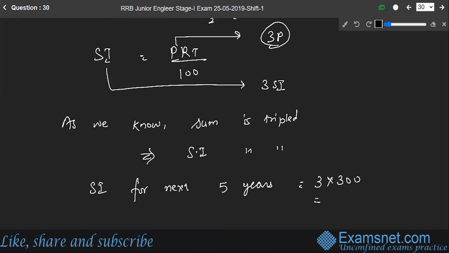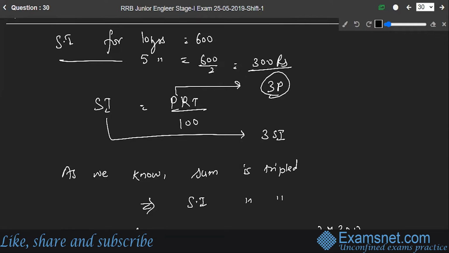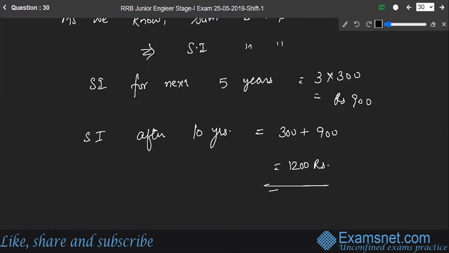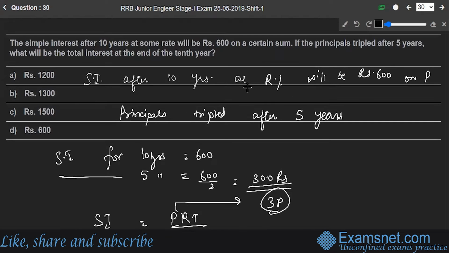We just solved it over here, 300 rupees. So it will be 3 times that, which means it is 900 rupees. So simple interest after 10 years will be 300 plus 900, which is equal to 1200 rupees. So the total interest at the end of the 10 years is option A.